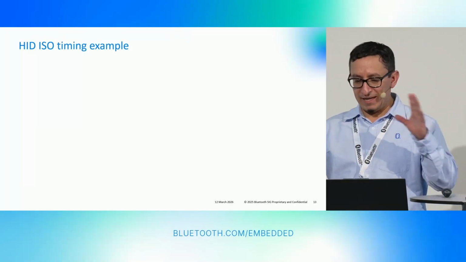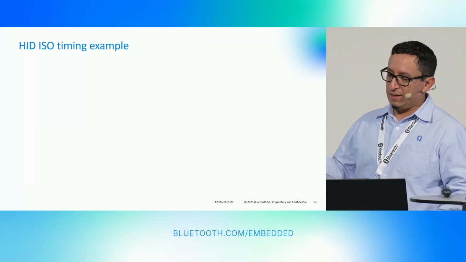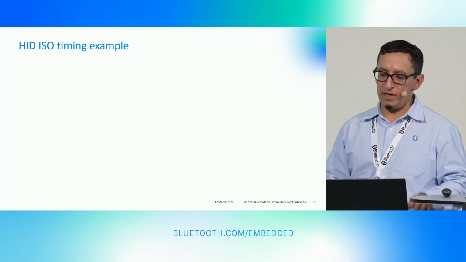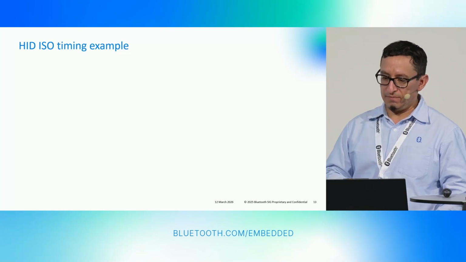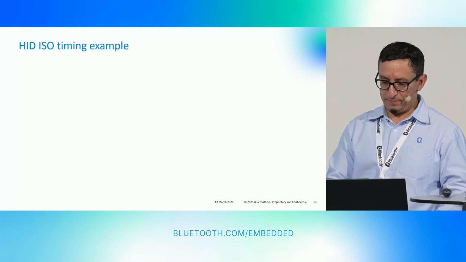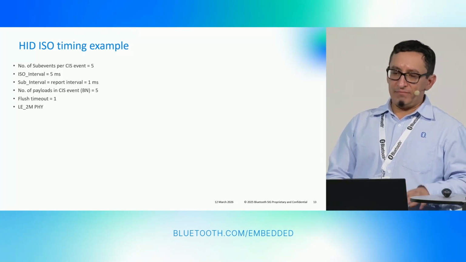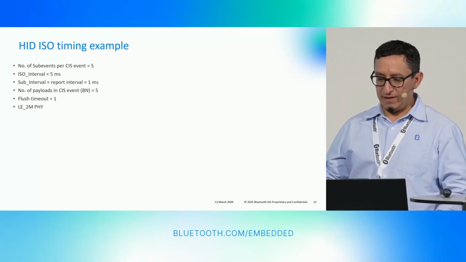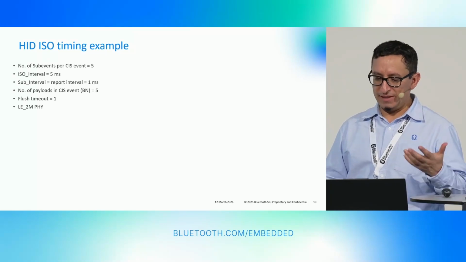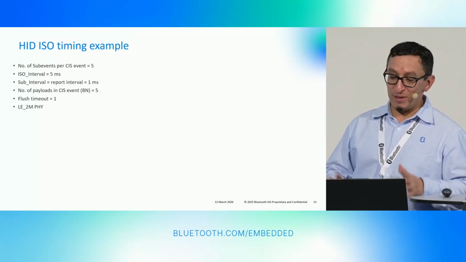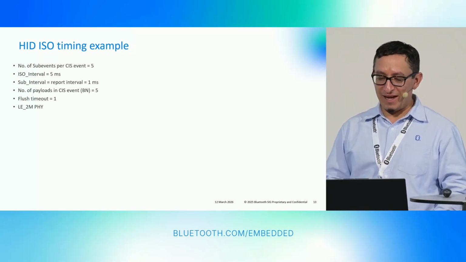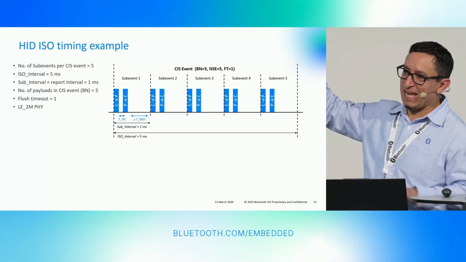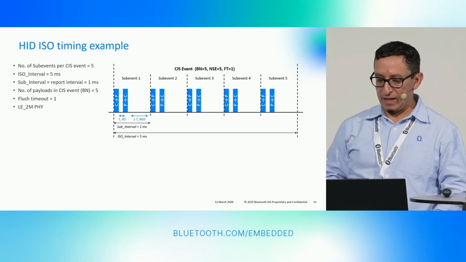To wrap up this HID ISO technical overview, this slide will illustrate an example of a reasonable scenario where a 1 kilohertz report rate can be achieved using the 2 megabit LE 5. If we define a connected isochronous stream with an X number of events, 5 sub-events per sys event, an ISO interval of 5 milliseconds, sub-intervals of 1 millisecond, a burst number of 5, etc., we would end up with something that on a timing diagram would look like this.